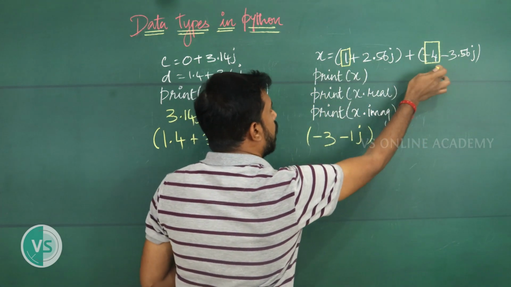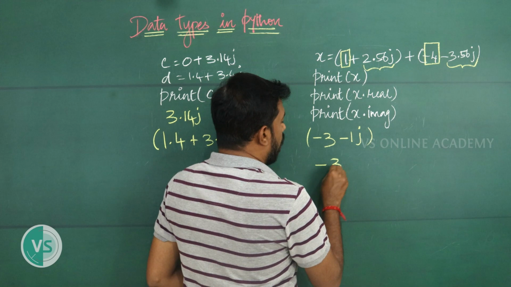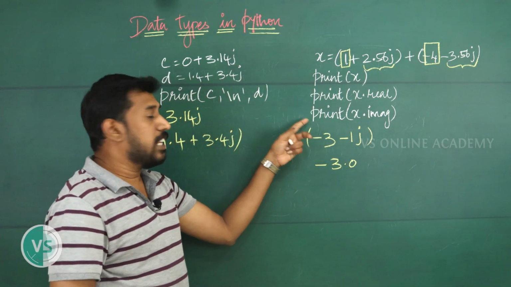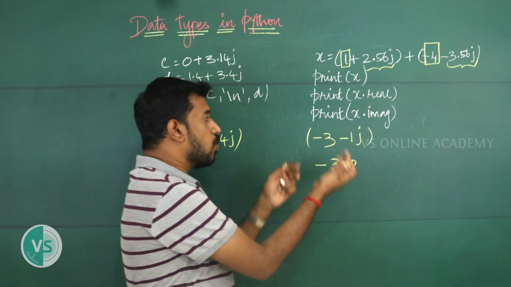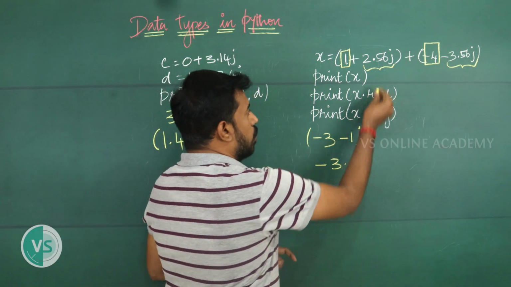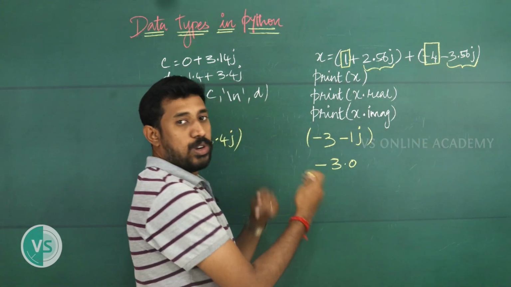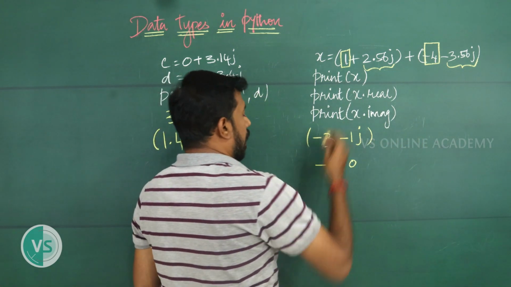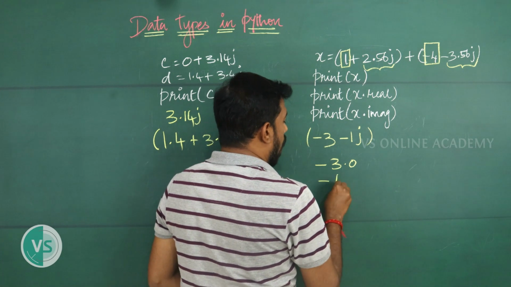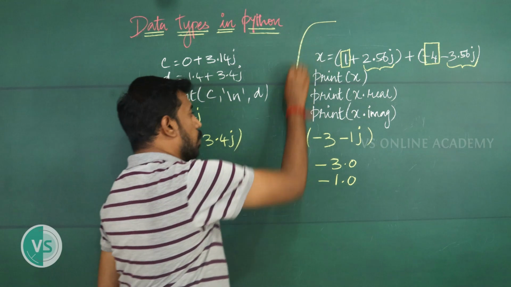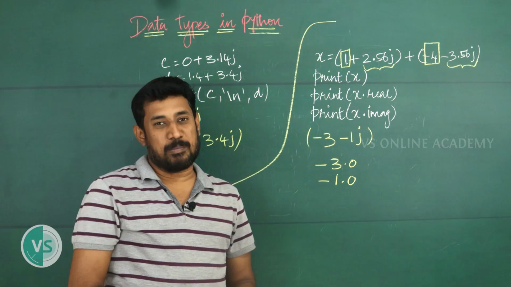So 1 minus 4, minus 3.0, is the output of this second print statement. Look at the third print statement. It's going to fetch the imaginary value. So 2.5j minus 3.5 is going to execute, and then minus 1.0 is the output of the third statement. So this is the output of complex numbers.